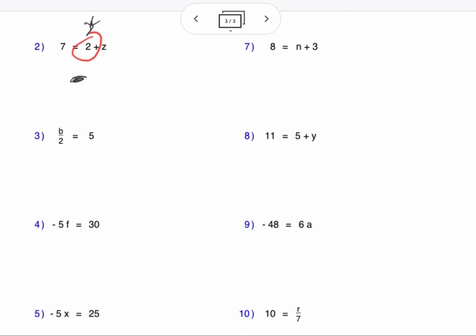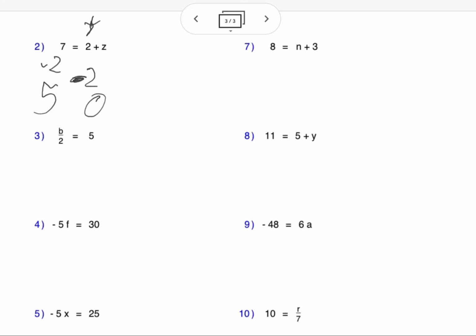We know that number's 2, so we're going to subtract 2. We hurry up and subtract the 2 over here on both sides so that the pants aren't on fire for the equal sign. We take 2 minus 2 equals 0, and 7 minus 2 equals 5.